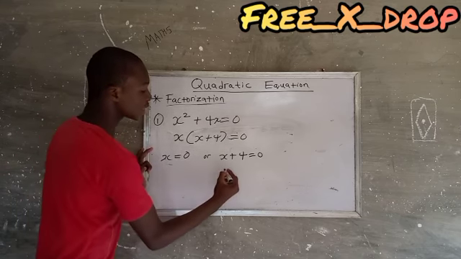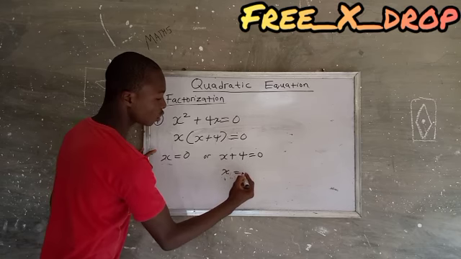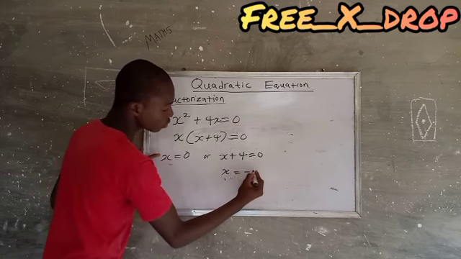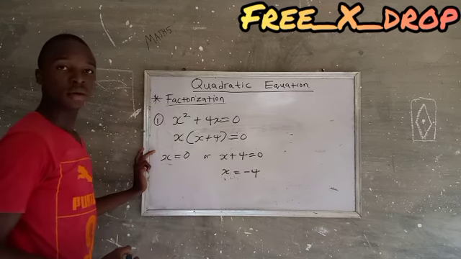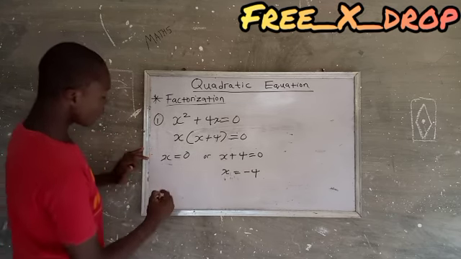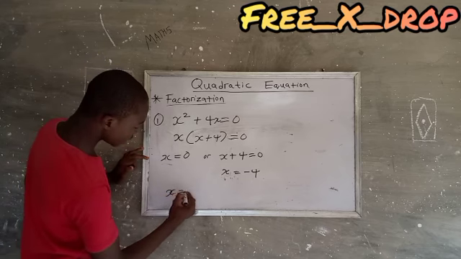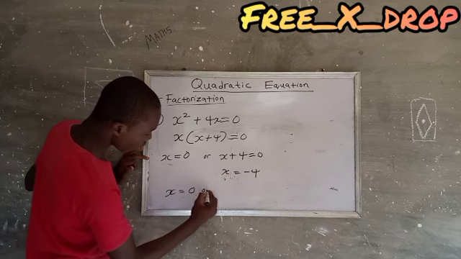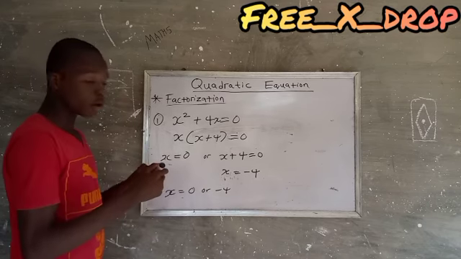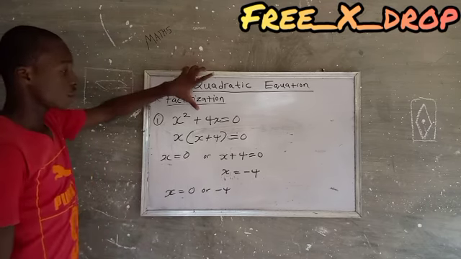Now you simply collect like terms: x equal to, if 4 goes here, it will be minus 4. So what will now be your final answer? x is equal to 0 or minus 4. That's the answer to this first question.